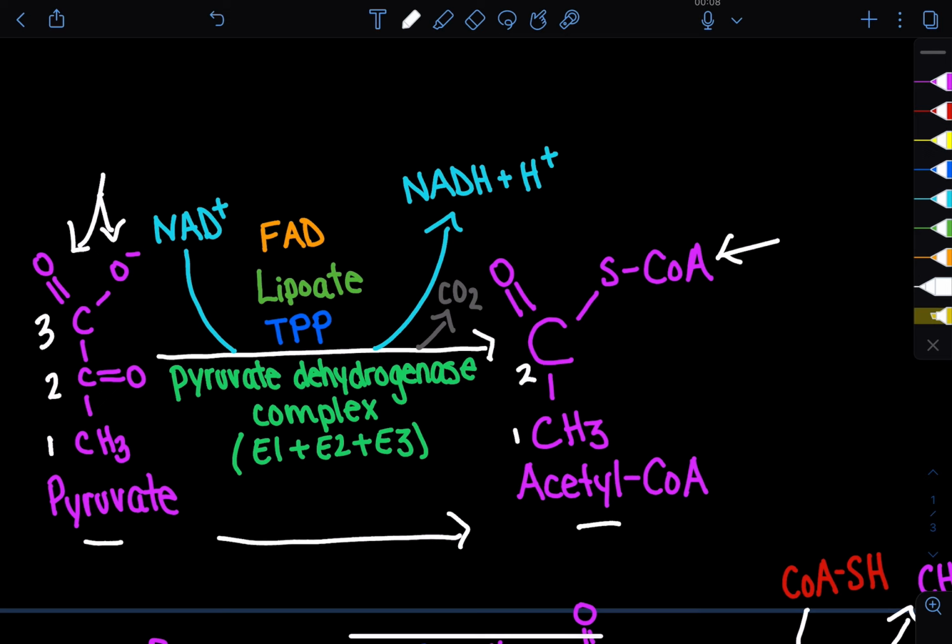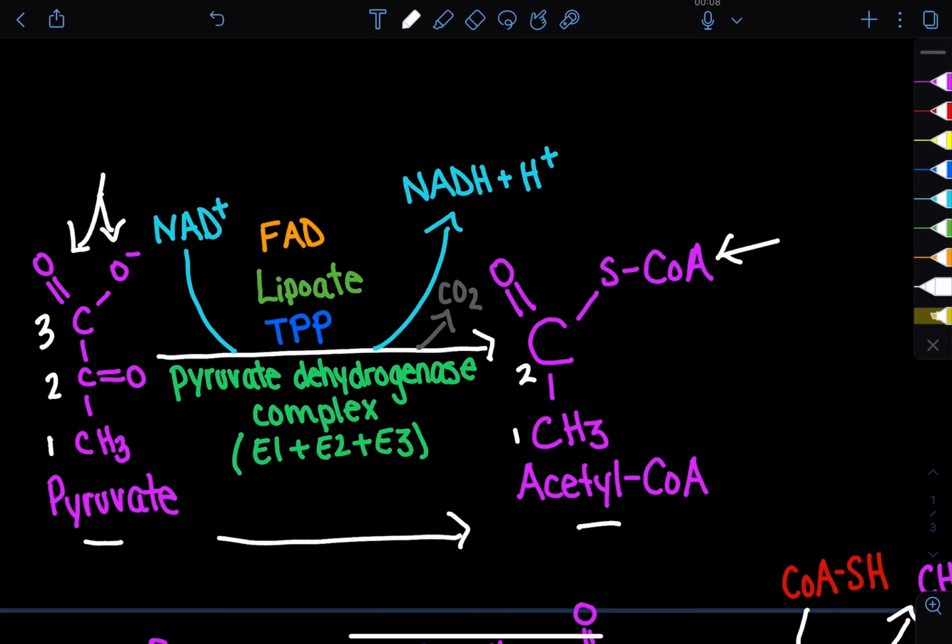Now if we look at the enzyme, once again, the enzyme is the pyruvate dehydrogenase complex consisting of E1, E2, and E3. As I mentioned, each subunit has a specific prosthetic group. We have three prosthetic groups that are very tightly bound to pyruvate dehydrogenase.